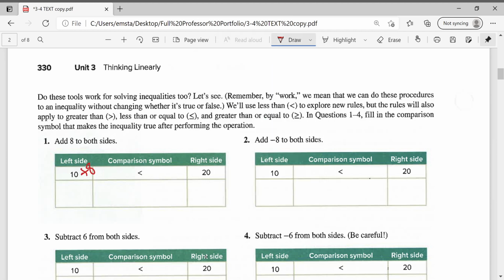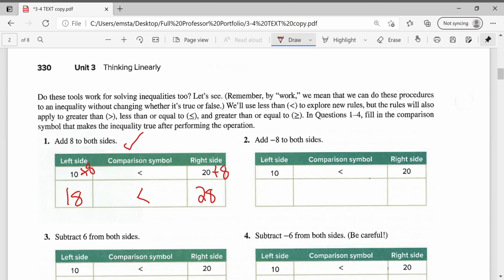Plus 8, plus 8. What is 10 plus 8? 18. What is 20 plus 8? 28. Is 18 less than 28? Yep, still good. So adding a positive number to both sides keeps the truth value.